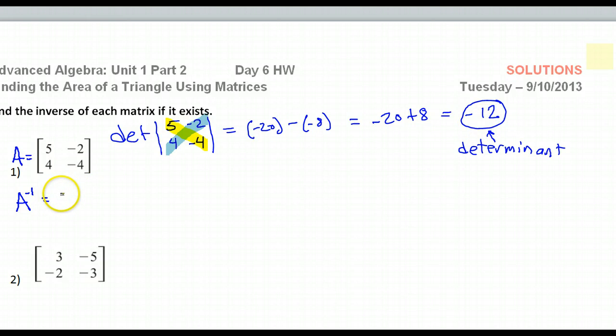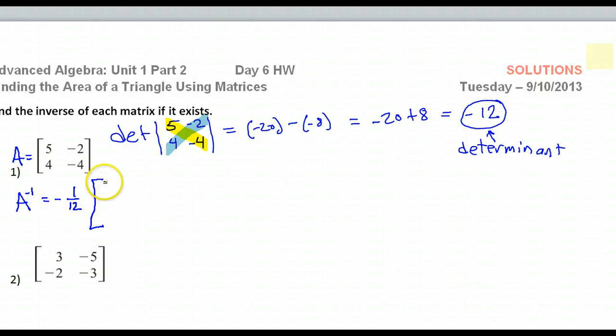So that's going to be negative 1/12. Basically I'm dividing everything by the determinant, but multiplying by 1 over 12 is the same thing as dividing by 12. But later on, it's going to be more useful to think of it as dividing everything by negative 12. Anyway, so I need the reciprocal of the determinant.